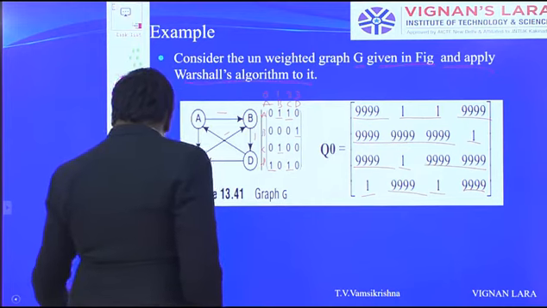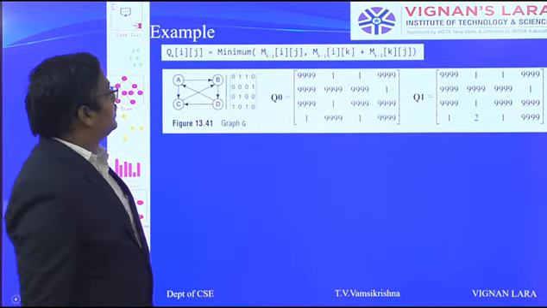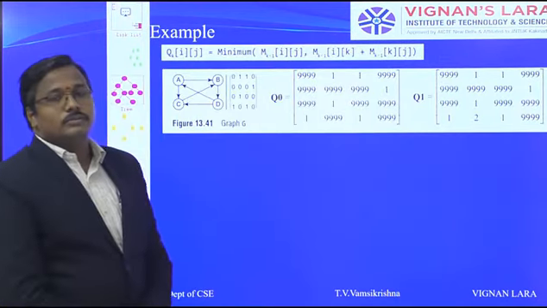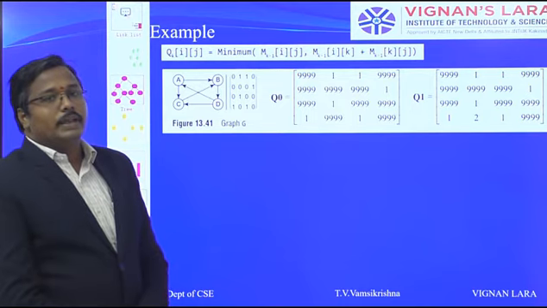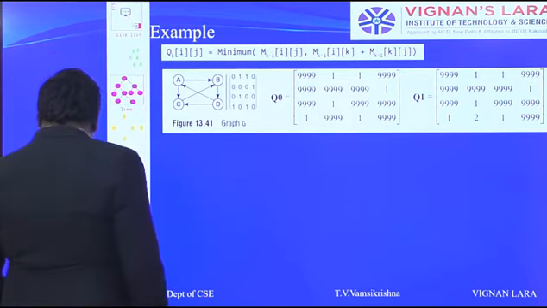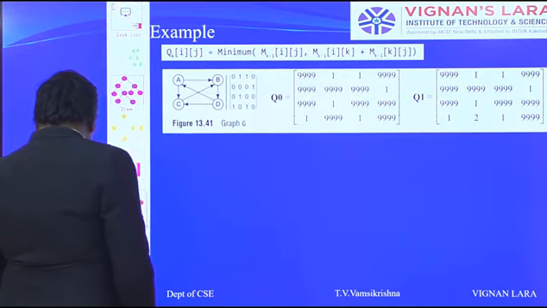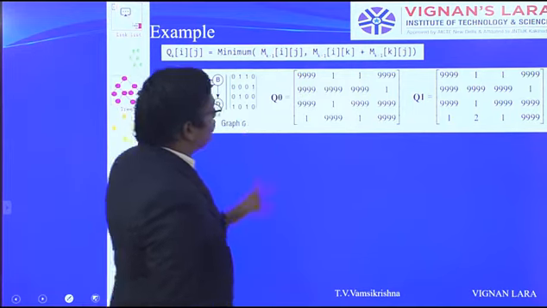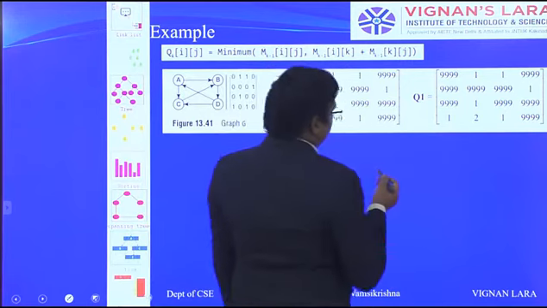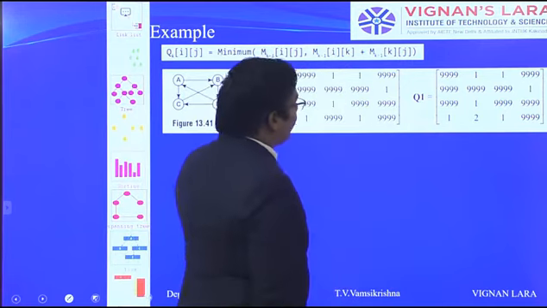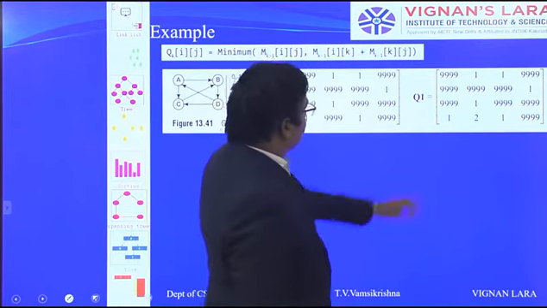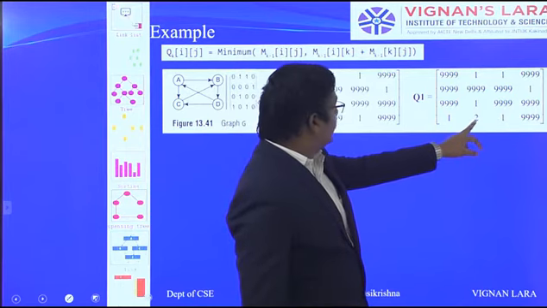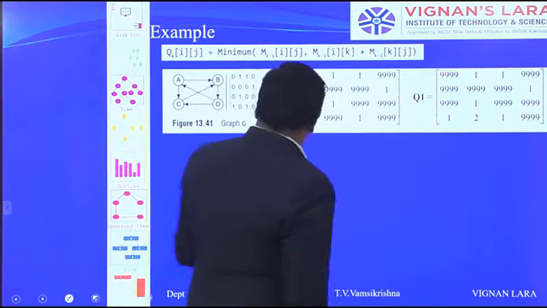Next iteration, what we did? We are applying the formula. So first, this is the Q0 value, this is the Q1 value. This is the change comparatively, so I am concentrating on this.